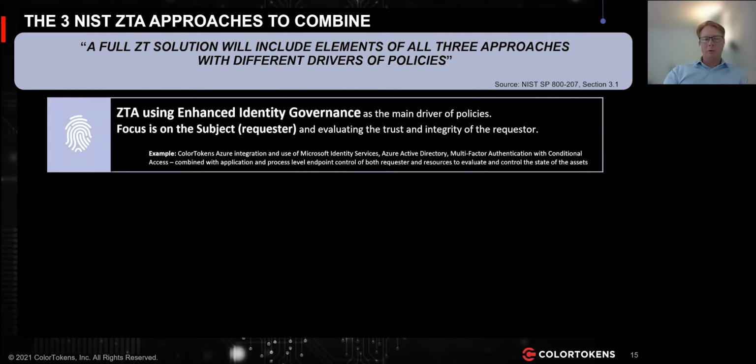Here we have an approach that says that we can do zero trust architecture using enhanced identity governance. Identity as the main driver of policies, where the focus is on the requester, that we also call the subject, and that we are evaluating very much the trust and integrity of the requester here.